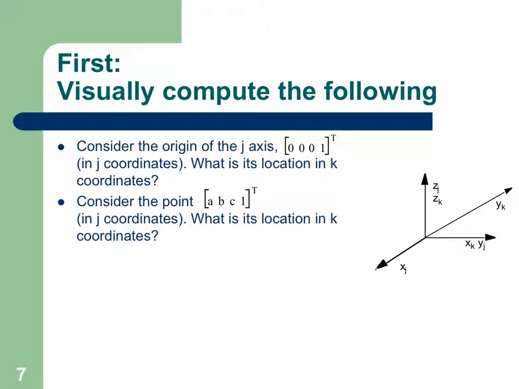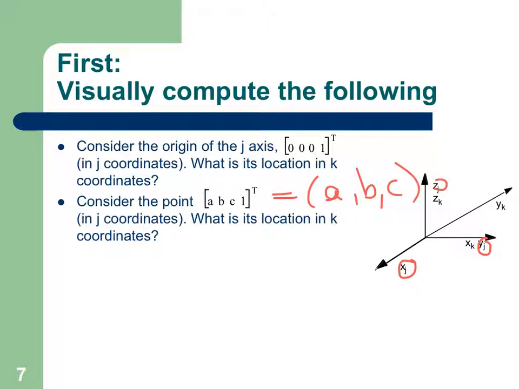But now, what if we have the point A, B, C, 1, right? So 1 is the weighting factor again, in J coordinates, right? So A, B, C, 1 is the same as A, B, C, right? We have the point A, B, C in J coordinates. So remember, this is xj, there's yj, and there's zj.